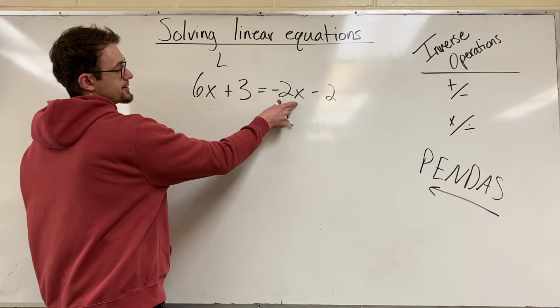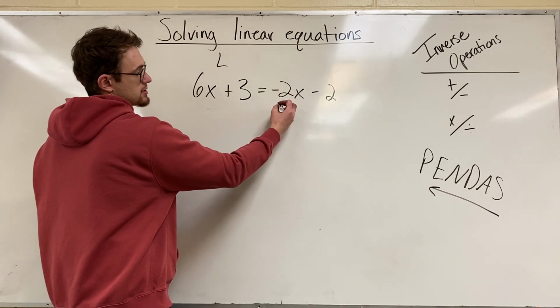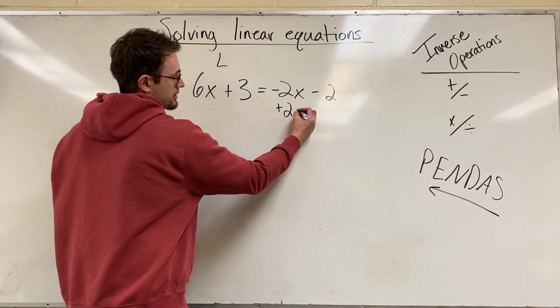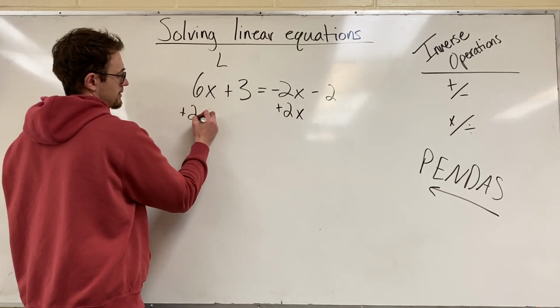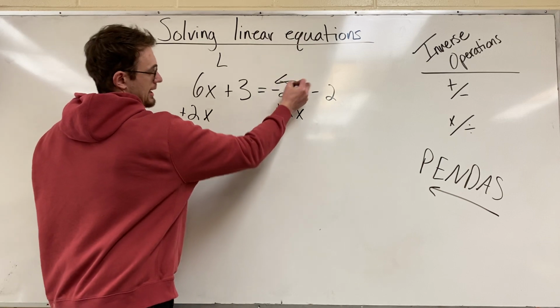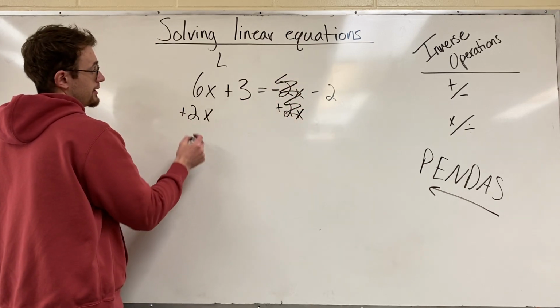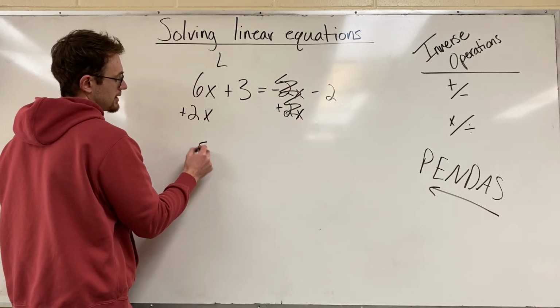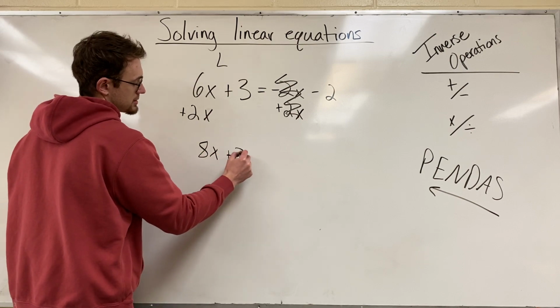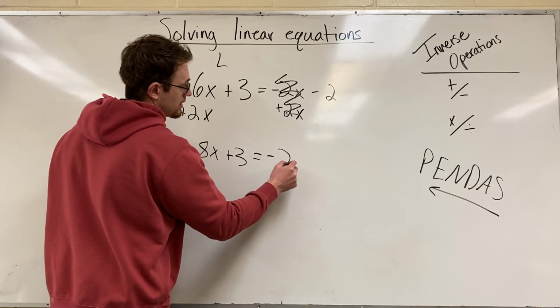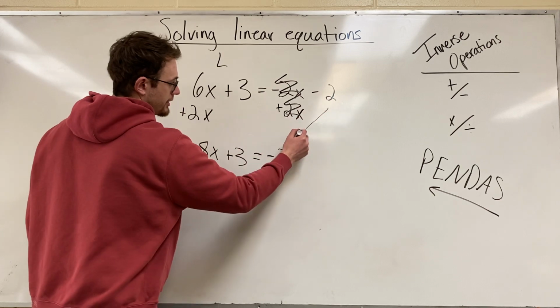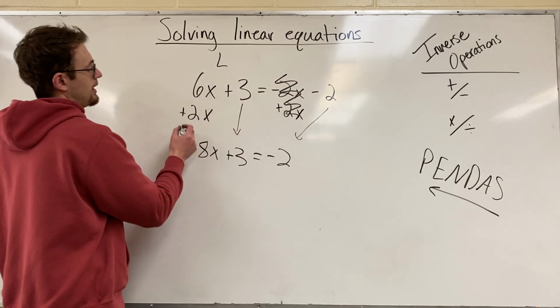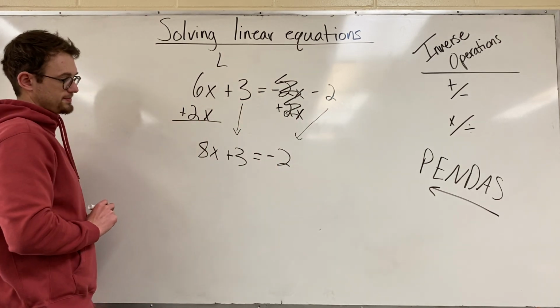So I'm going to get these x's over here. And those are negative, so I'm going to cancel out with addition. So that's gone. And now I combine these, so I get 8x plus 3 equals negative 2. So I got my negative 2 here, I brought my 3 down, I added those together, and I got 8x.